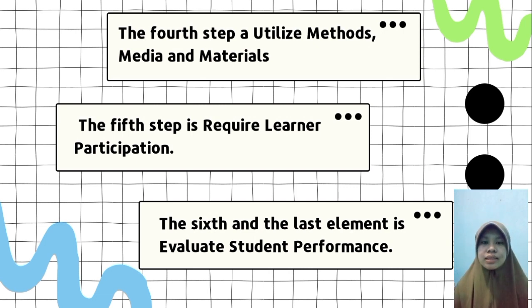So the sixth and the last element is evaluate student performance. So here, assessing learners' performance can take place across phases of the lesson. However, it is emphasized that the basic mode of the evaluation should be congruent to the learning outcome provided in the lesson.